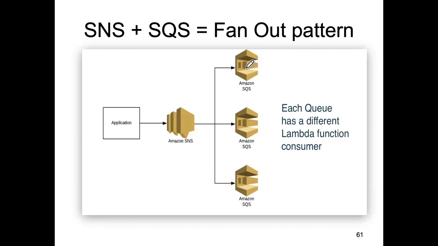Now, why you would put the Lambda here as opposed to over here, again, there are issues associated with whether you decide to do one or the other, and I'll talk briefly about that, but that is possible. So the notion of fan-out tends to be associated with this architecture, where there is SNS, which has been subscribed to by many SQS queues, where each SQS queue is feeding a Lambda handler.